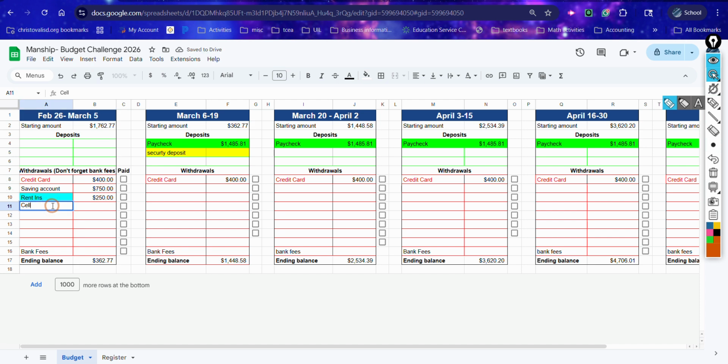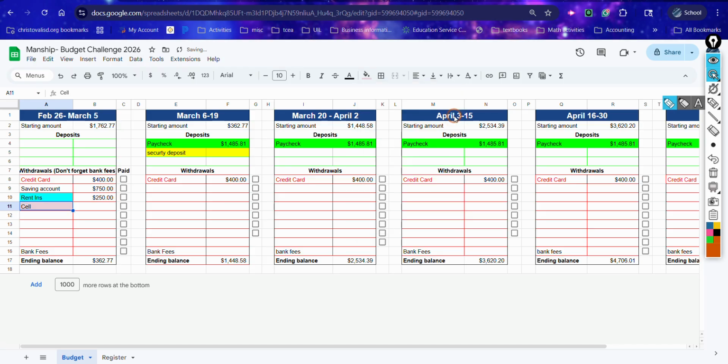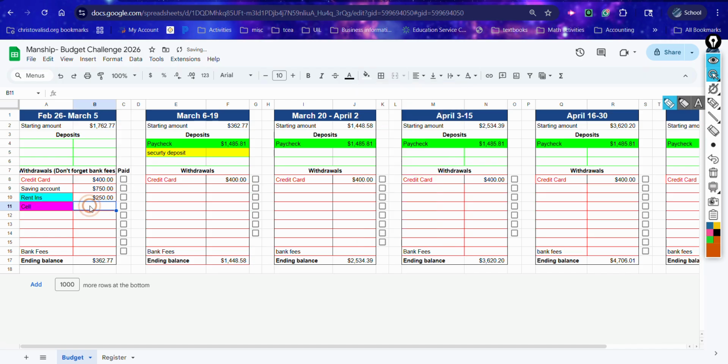And my cell phone was, oops, that's not the color I wanted, was $65 because I chose the lower plan. I still have some money left over, that's fine. That's going to come over until the next month. So it'll help me with the next month or after my next pay period.